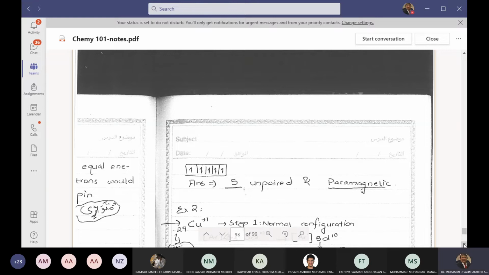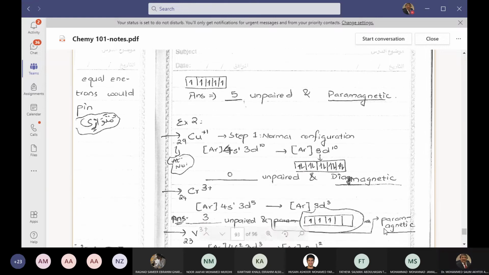Copper plus 1, another example. How many unpaired electrons, and is it paramagnetic or diamagnetic? Very simple. I will write down the normal configuration 4s1 3d10. Then plus 1 means I will remove this and I have Ar 3d10. How many unpaired electrons? 0.